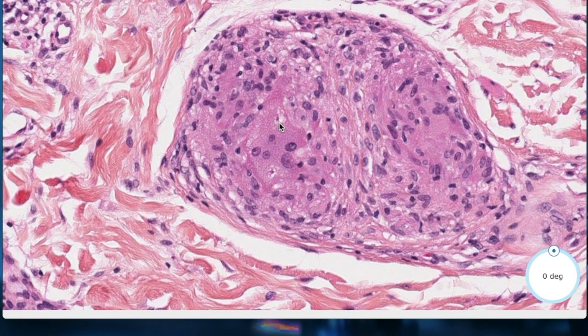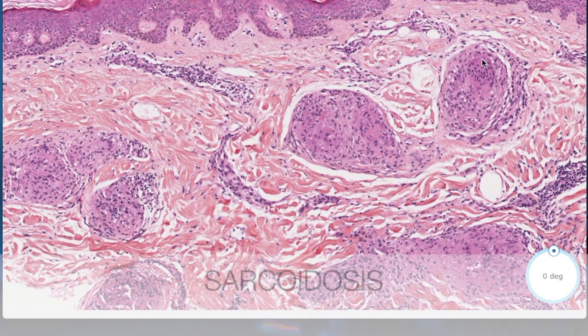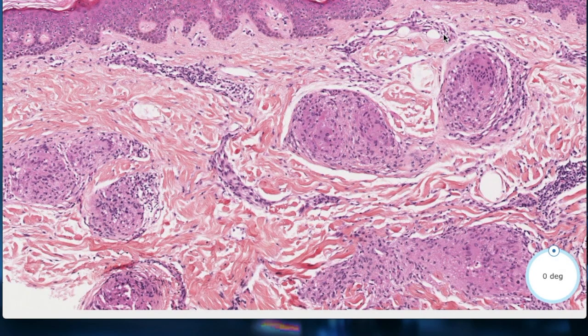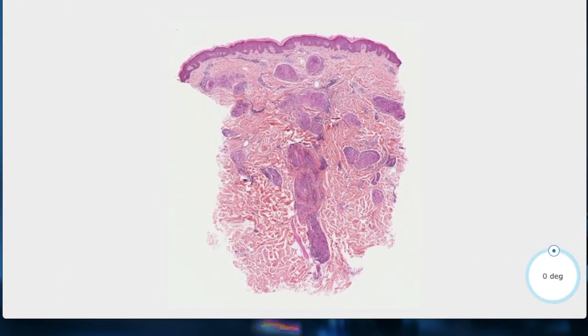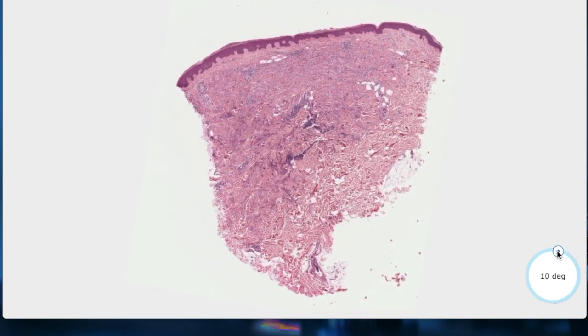So this is a nice example of sarcoidosis. Very, very nice example where you see multinucleated giant cells, naked granulomas with not many lymphocytes around them. Beautiful example, sarcoidosis.